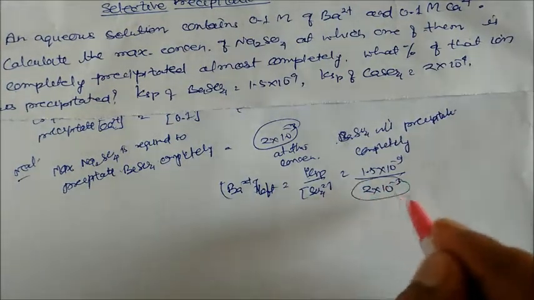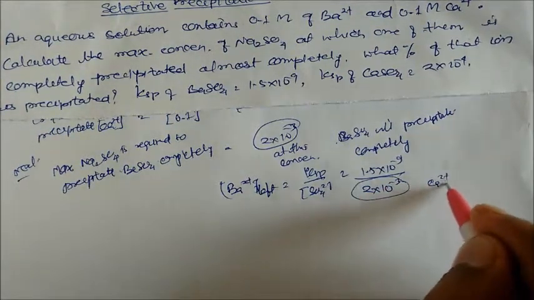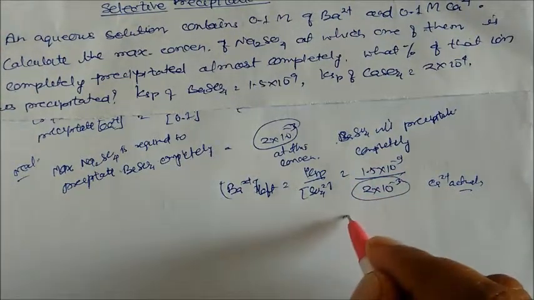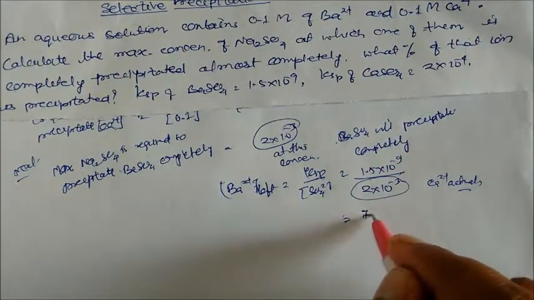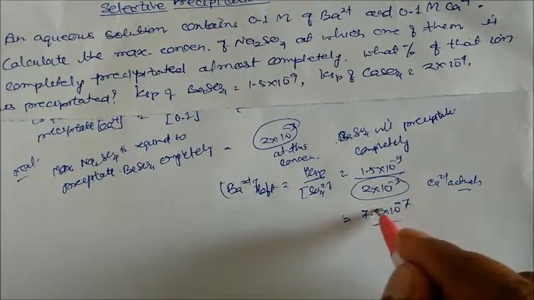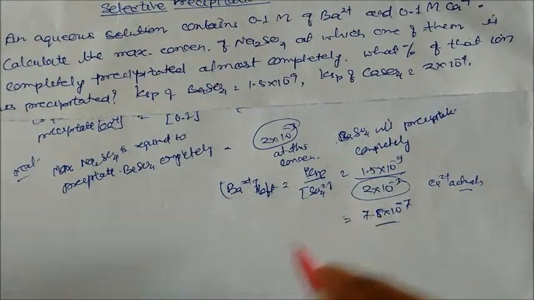This is the sulfate from calcium actually, but here we find the barium ion. On solving, we get 7.5 × 10^-7. This is the concentration of barium ion left in the solution.